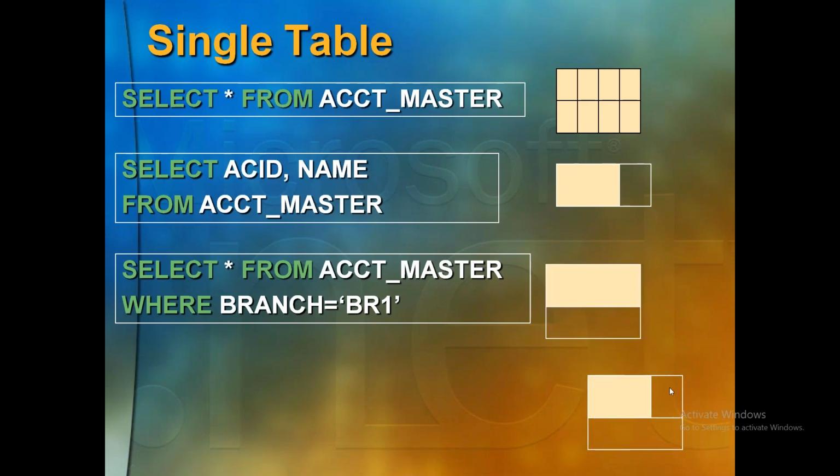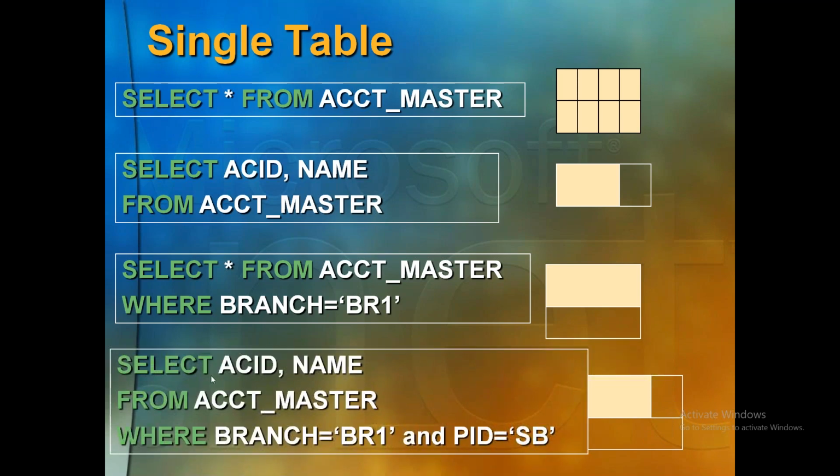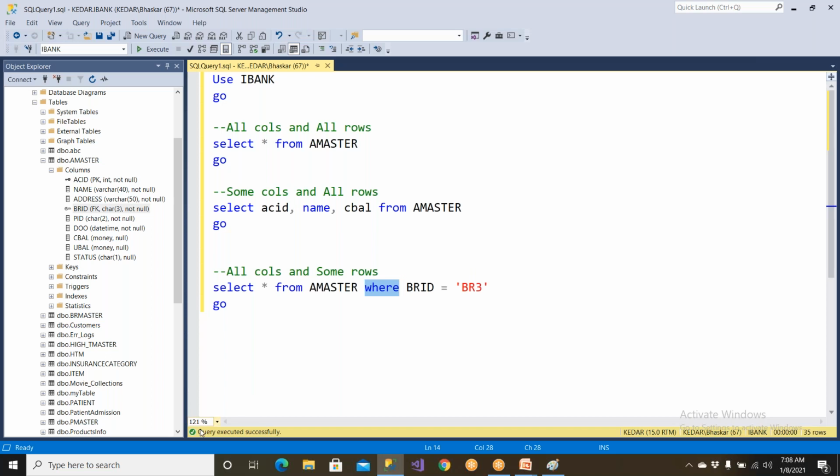The last condition is that I want to filter columns as well as rows. You can write any condition. Select account ID, name from the account master table where branch equals something. You can write multiple conditions here.